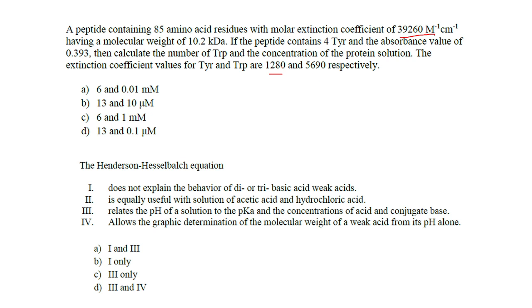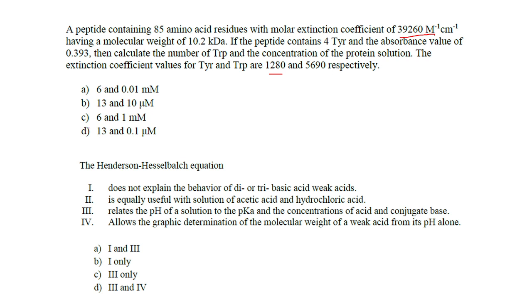So 4 into 1280 and x into 5690 equals 39,260. And from there you can get the value of x to find out the contribution that tryptophan has in this extinction coefficient, and you will get the value is 6.